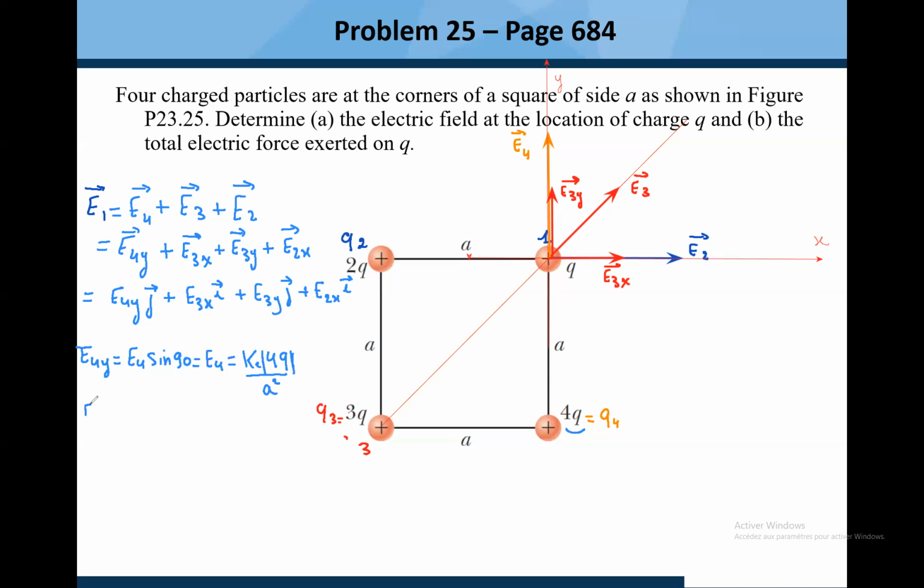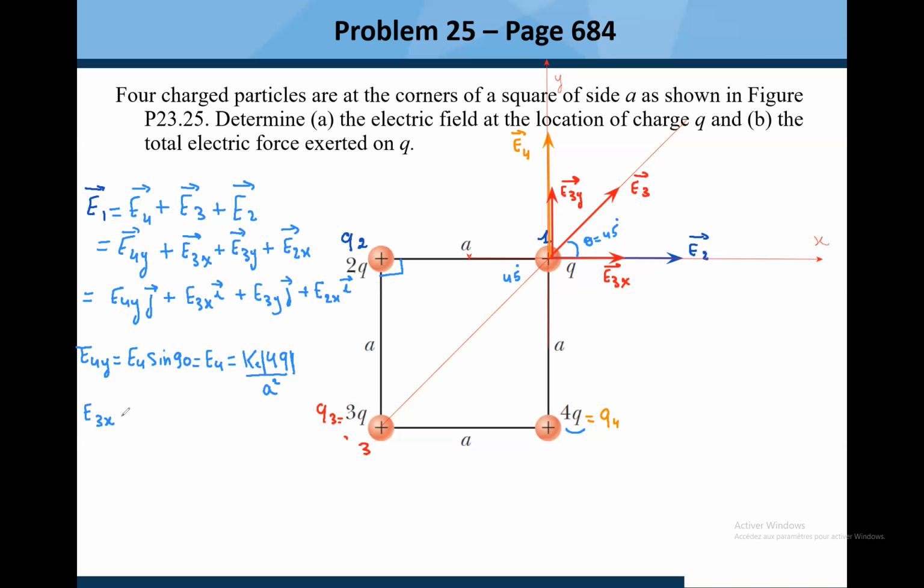The same for E3x. E3x has an angle theta here with E3. We have to find it. Here we have an angle 90, so it's 60. The opposite angle equals 60. Excuse me, it's 45. So it's 45 degrees.